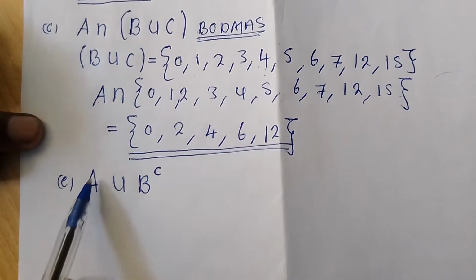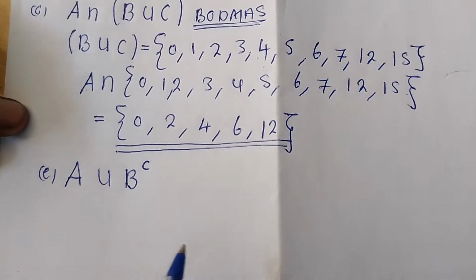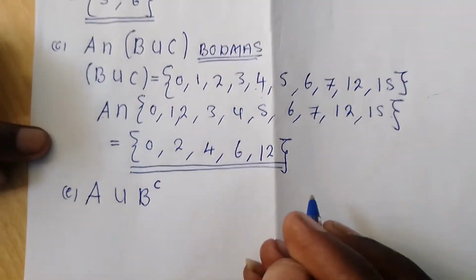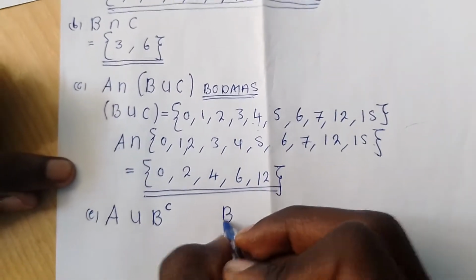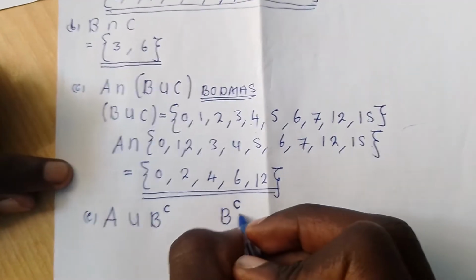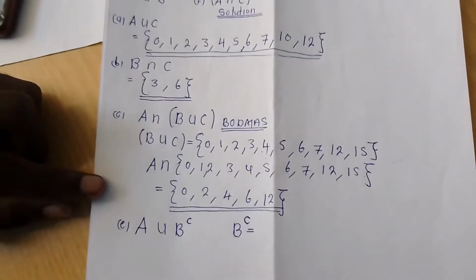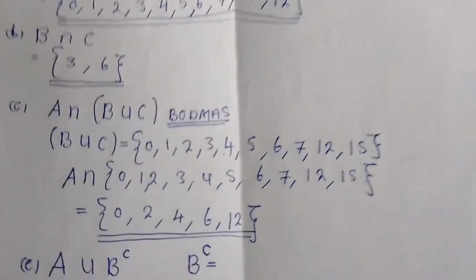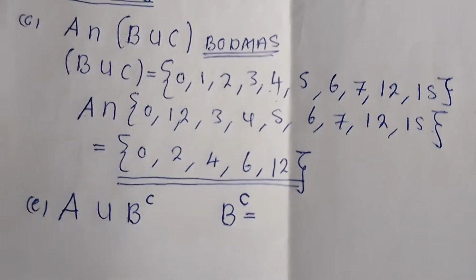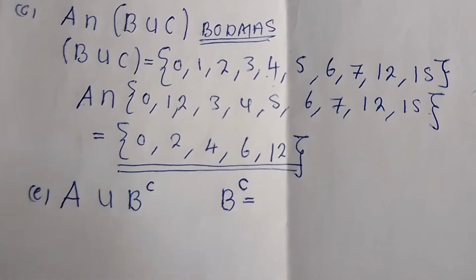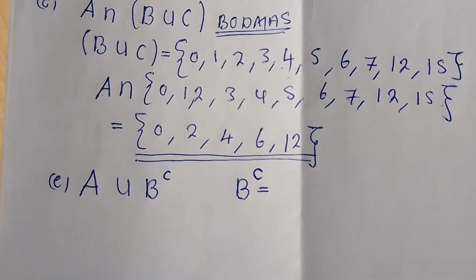Now, A union B complement. The first thing we'll do is find B complement. B complement simply means that if we put everything together and then remove the elements which are found in B, what are we going to remain with?